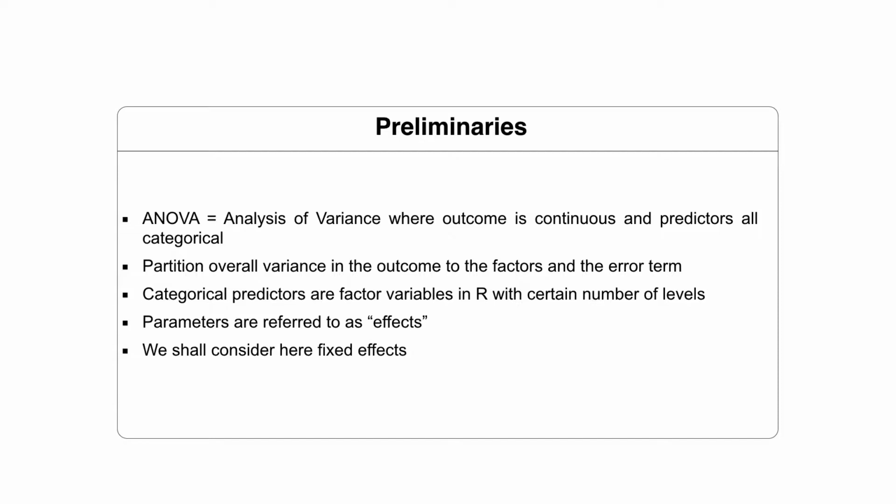In our previous examples, when we were discussing simple linear regressions, we had been talking about parameters. And these parameters are called effects in the world of one-way ANOVA. Some effects are known as random effects, and other effects are known as fixed effects.